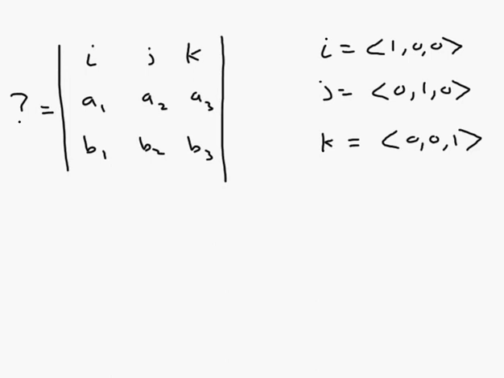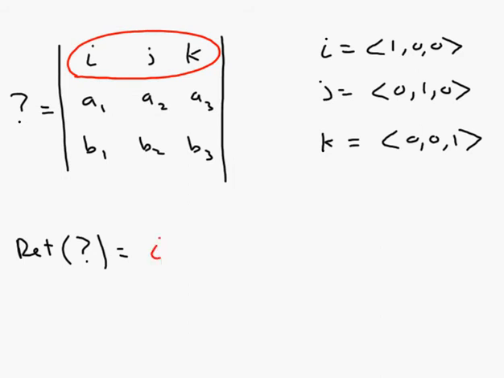What we are going to do is remember how we did the determinant and apply that here. So the determinant, denoted DET, of question mark equals. If you remember, we talked about expansion by minors last time. So we're going to expand by this first row. If we do that, we get the vector I times its minor.